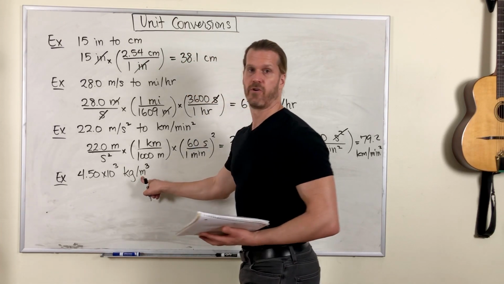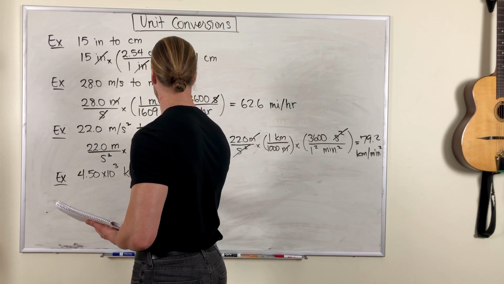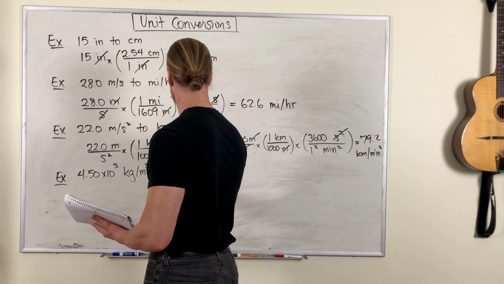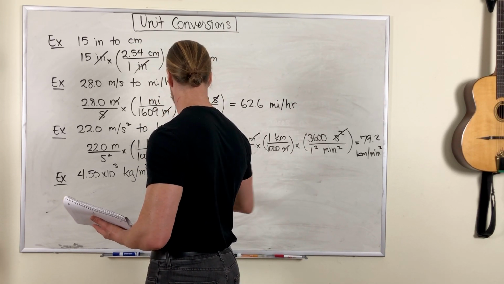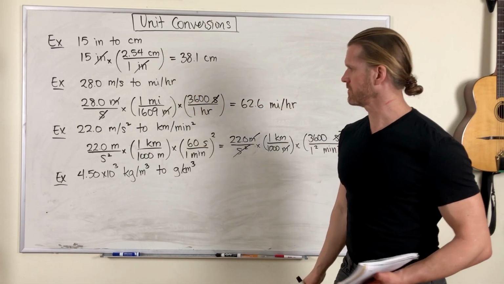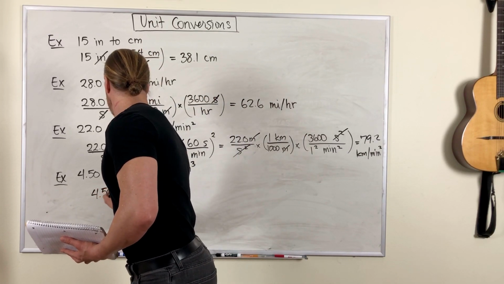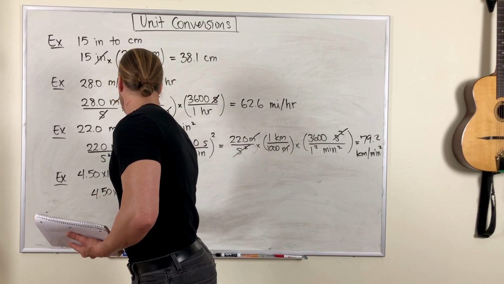Mass divided by volume. That's density. And we want to convert it to grams per cubic centimeter. So 4.5 times 10 to the third kilograms per cubic meter.